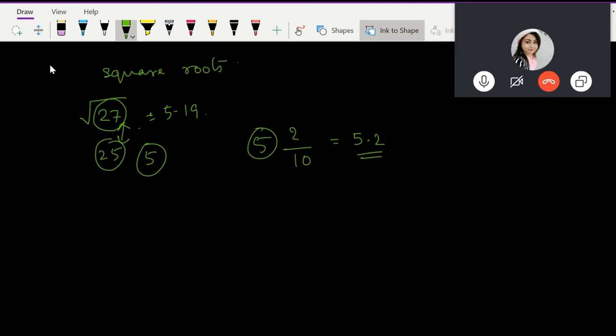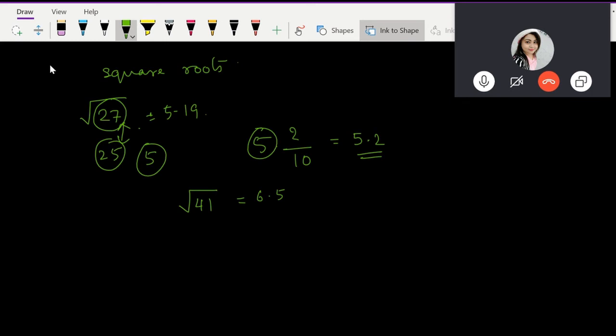Let's try this with any other number. Root over 41. 6.4, 6.41.